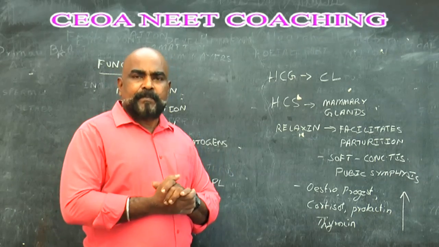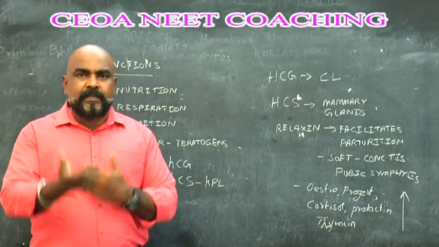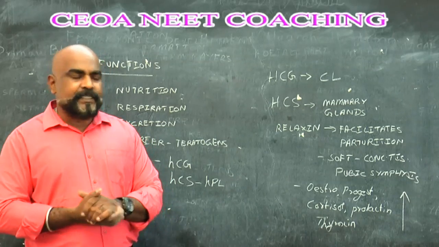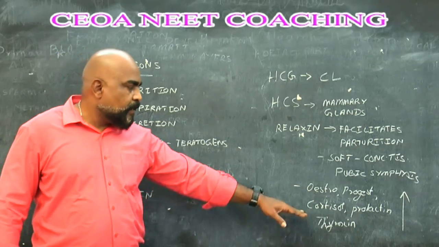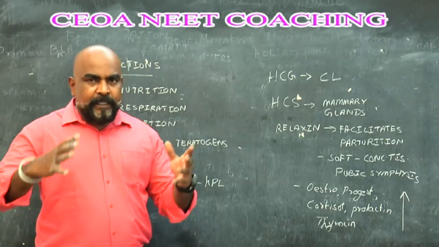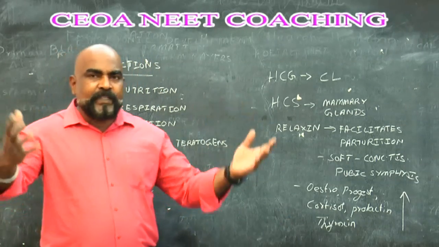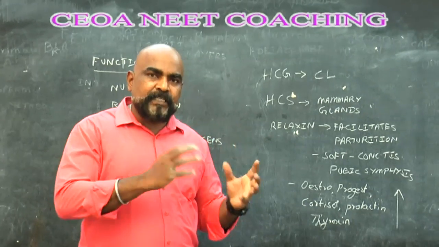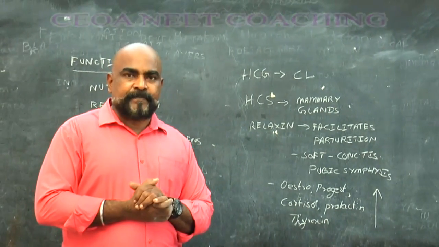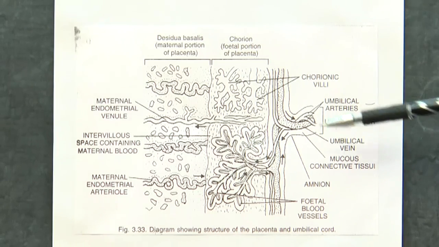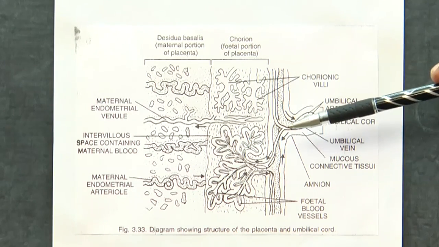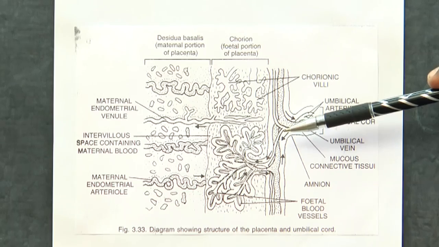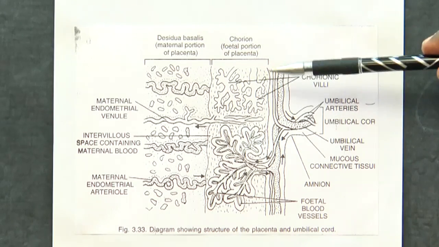Apart from this, there are many other hormones whose levels are increased during pregnancy, like estrogen, progesterone, cortisol, prolactin, and thyroxine. They are normally there, but in pregnancy they are produced in large quantities to support the development of the fetus. This diagram shows a clear picture of how the placenta, umbilical cord and maternal tissues are interconnected.